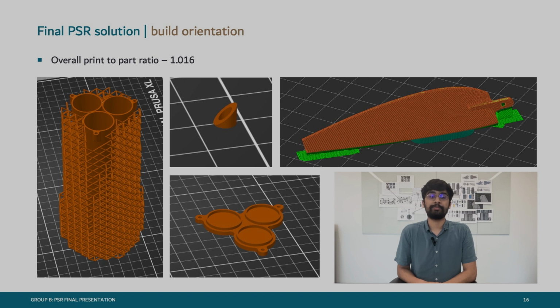This careful placement not only enhances aerodynamic performance but also optimizes the material usage, as evidenced by the overall print-to-part ratio of 1.015. This ratio indicates a highly efficient use of materials with minimal waste.